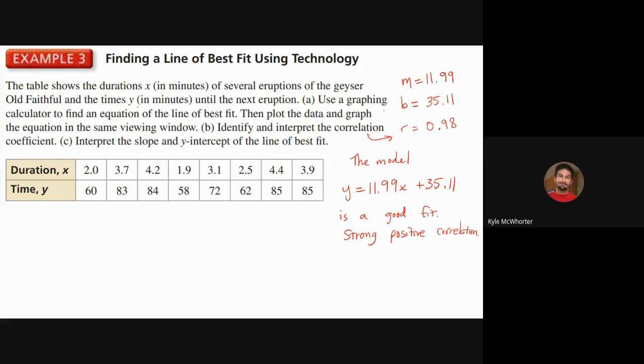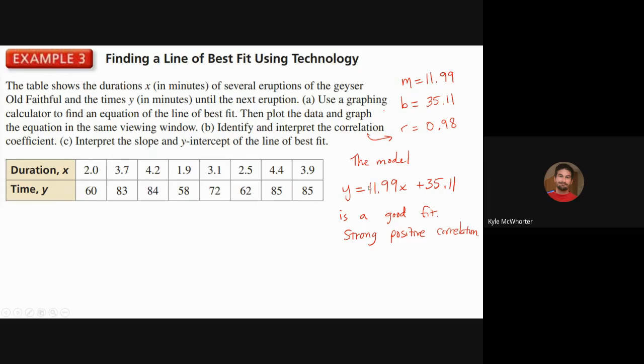And then interpret the slope and y-intercept. Well, first I want to come back over. We can interpret the slope and y-intercept. The slope says, let's see, what is the rise over run?